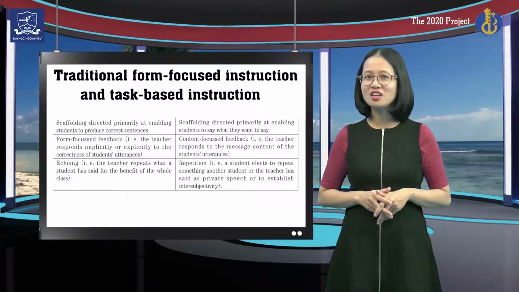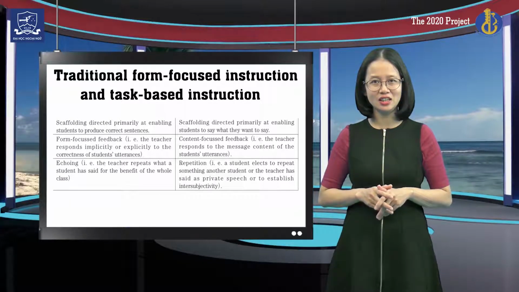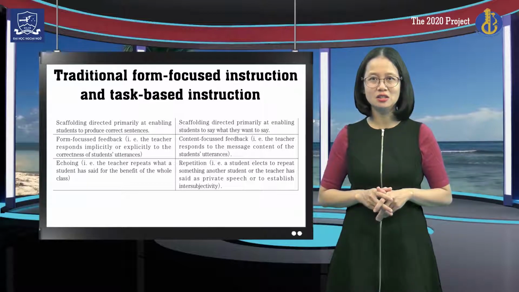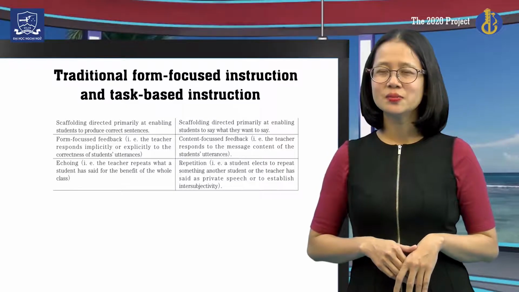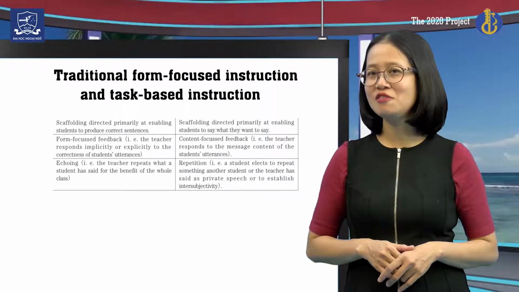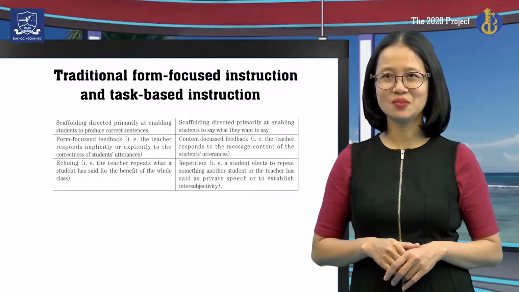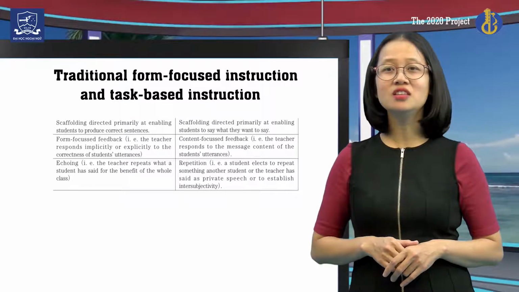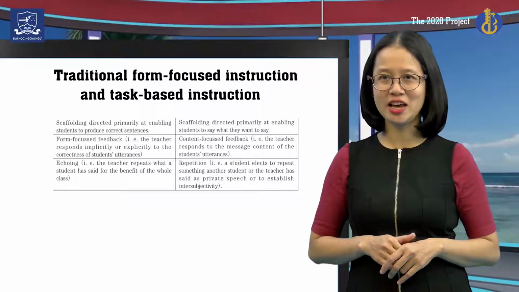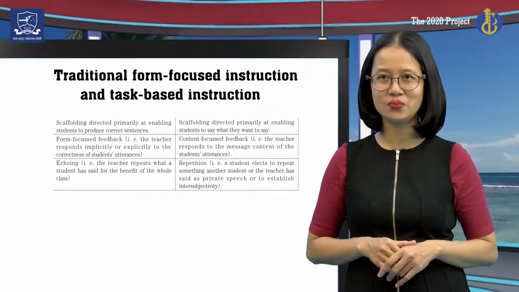This means that the teacher responds implicitly or explicitly to the correctness of students' utterances. At the same time, content-focused feedback is more common in the task-based class. It means that the teacher responds to the message content of the students' utterances.